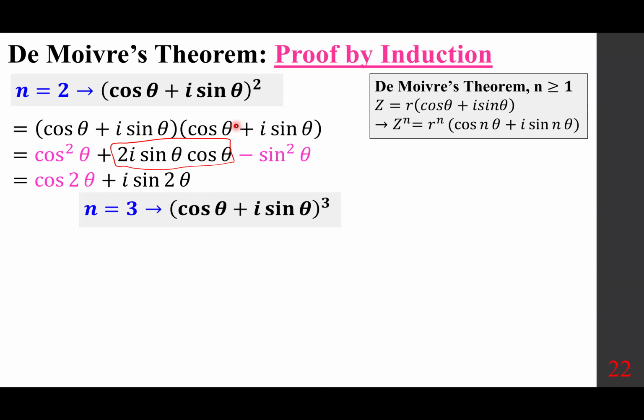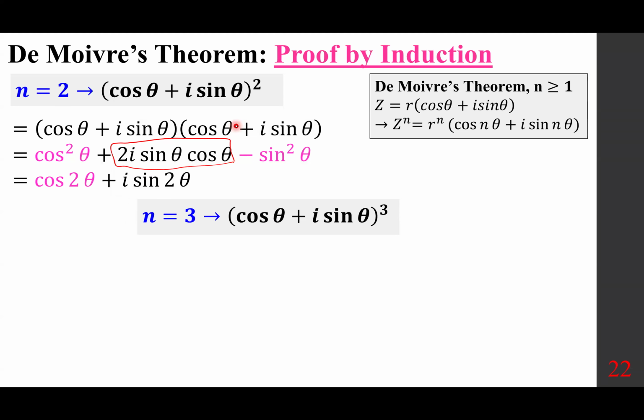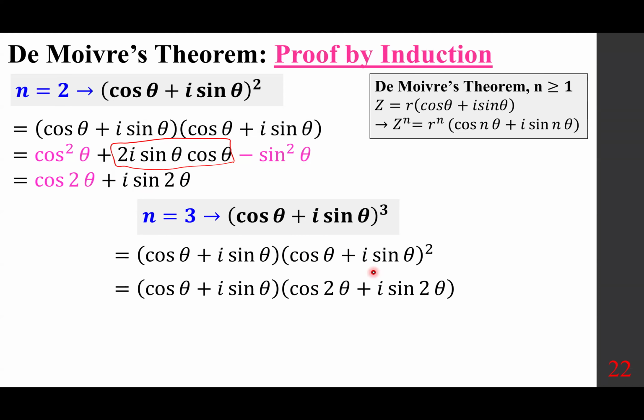For n equals 3, you're going to raise it to the power of 3, which means you are going to multiply it in this fashion. And this one, we already have it here, so we're going to replace it here. And now cosine theta times cosine 2 theta, cosine theta times i sine 2 theta, i sine theta times cosine 2 theta, and i sine theta times i sine 2 theta.